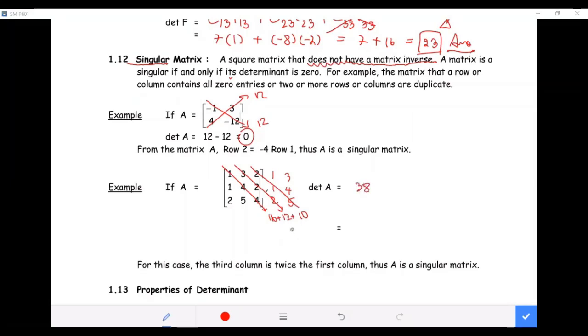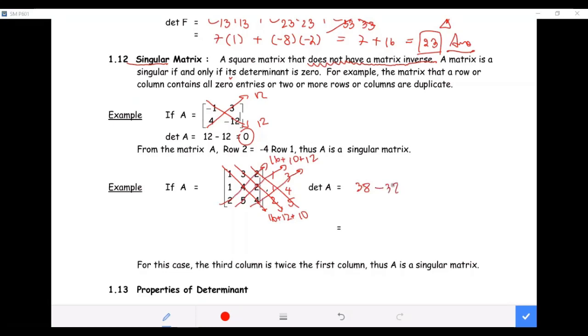So the sum of all the cross downs is 38, and cross up is 16, cross up is 10, and this one cross up is 12. Add it up, and that is exactly 38.